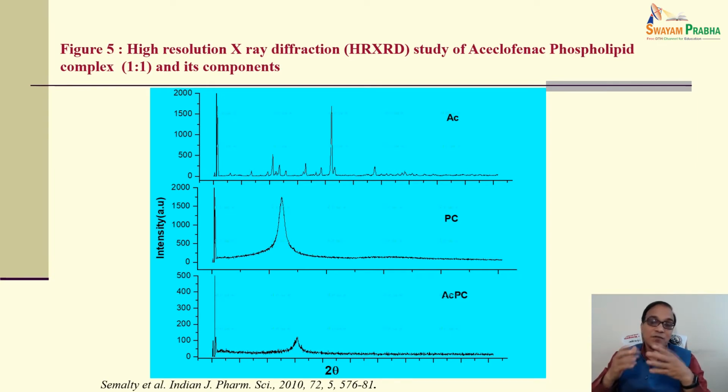The crystalline peaks have converted into diffuse peaks, and the sharp crystalline peaks which were there in the drug are not there in the complex. So it is indicating that there is a change in crystallinity of the drug when it is in the complex form, in the phytosome or pharmacosome form. Okay, for the synthetic drug we call them pharmacosome. Just to remind you.